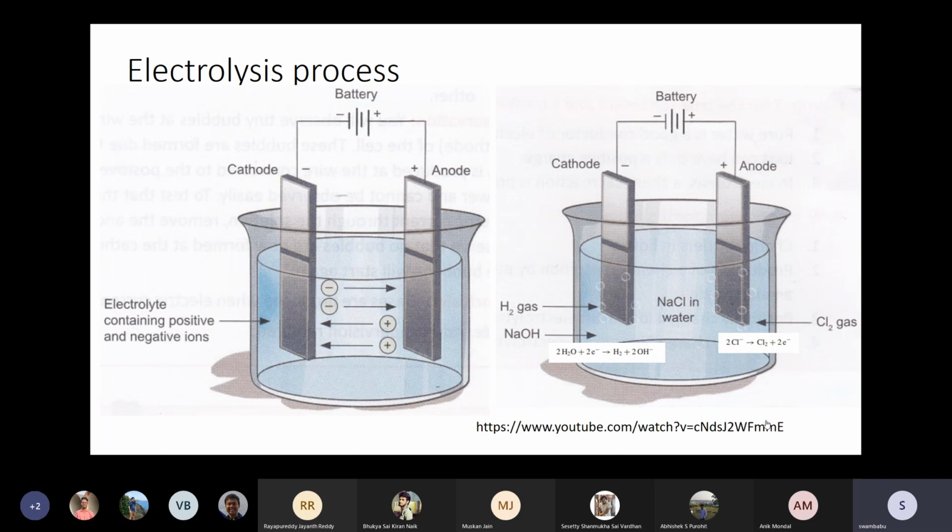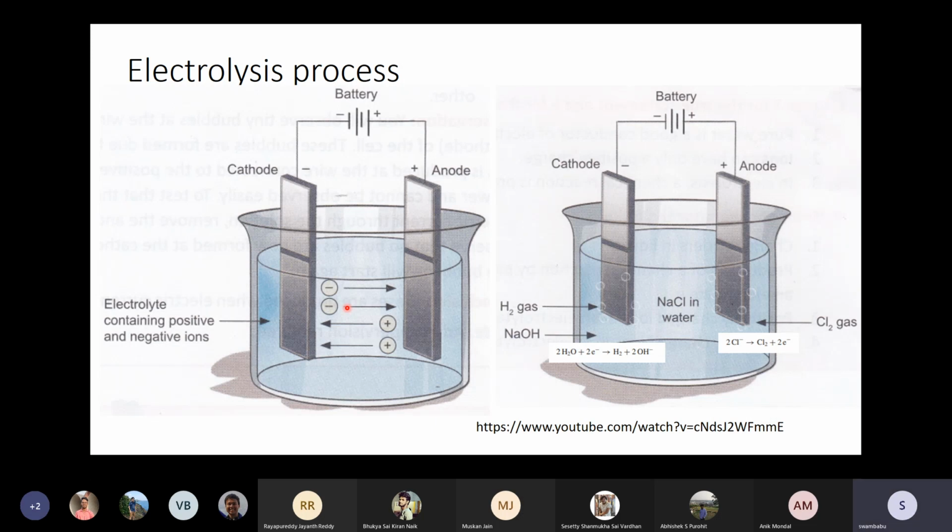Because of this charge difference, naturally positively charged ions are attracted towards the cathode and negatively charged ions are attracted towards the anode.